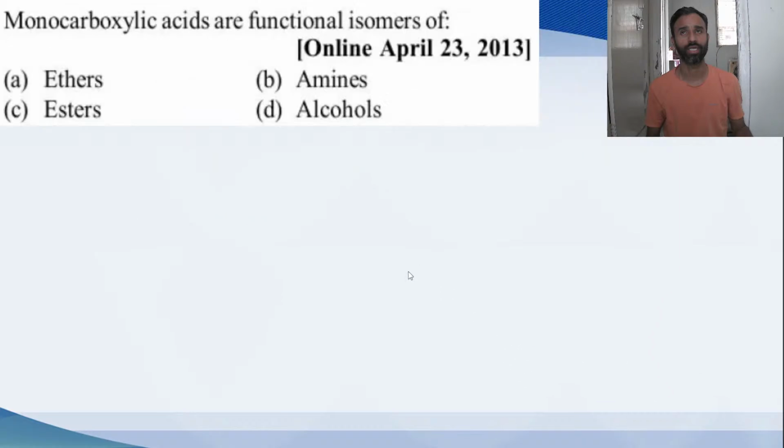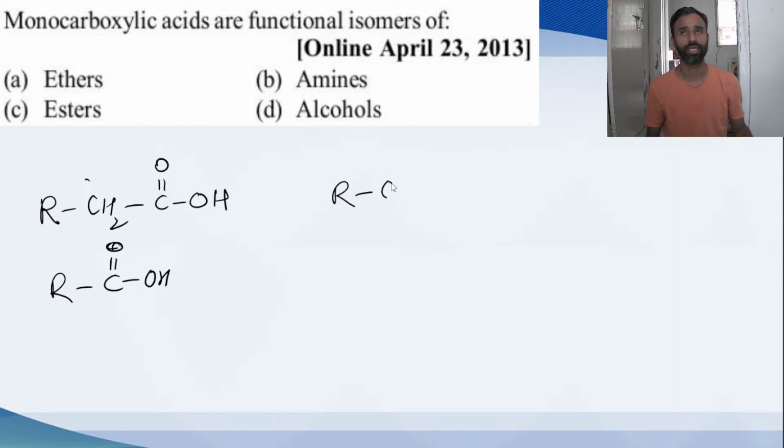Monocarboxylic acids are functional isomers of monocarboxylic acid, RCOOH. See, R, let us say CH2C=O OH, or R C=O OH. Ether is ROR.